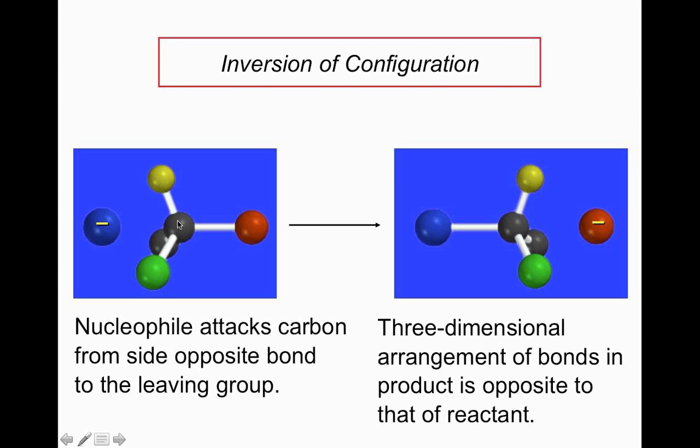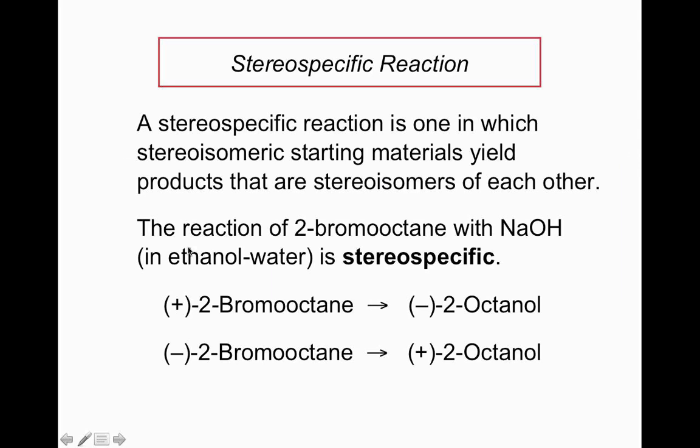Notice that we have a stereochemical inversion. All three of the atoms that are attached to the alpha carbon shift slightly in their spatial orientations, producing a stereoisomer of the starting material. In any case where the starting material is chiral, we produce its enantiomer or diastereomer, depending on how many chiral centers there are in the molecule, in the product.